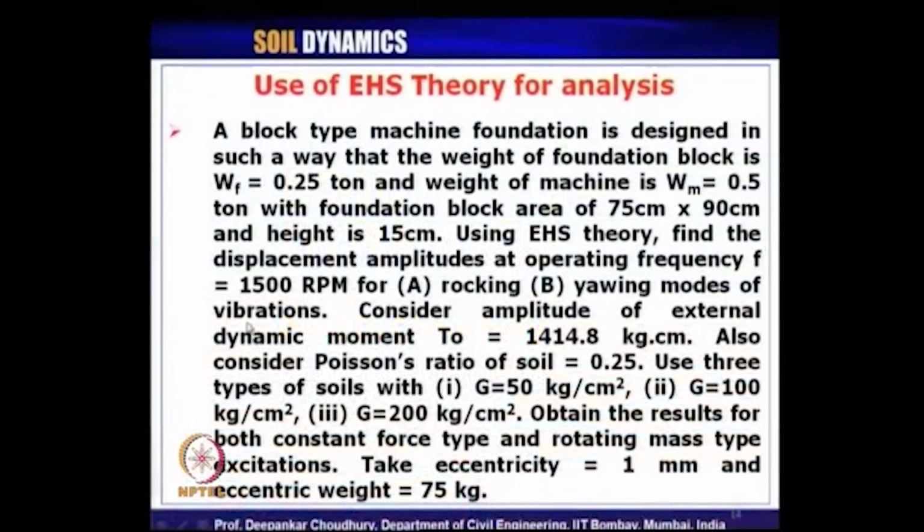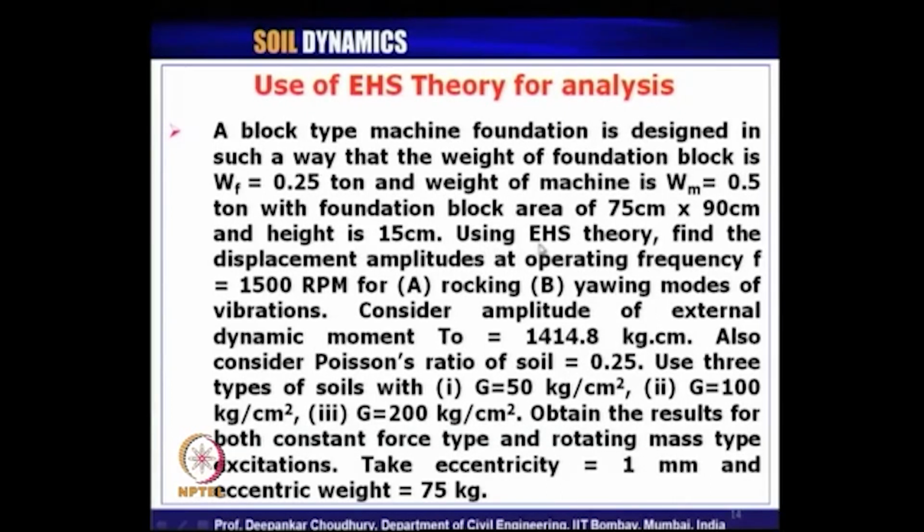Now, let us continue further in today's lecture. A block type machine foundation is designed in such a way that the weight of the foundation block is 0.25 ton and the weight of the machine is 0.5 ton, with a foundation block area of 75 centimeter by 90 centimeter with a height of 15 centimeter. The same problem actually we are considering.